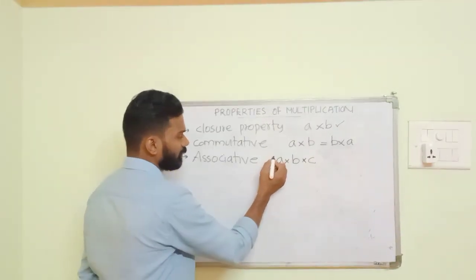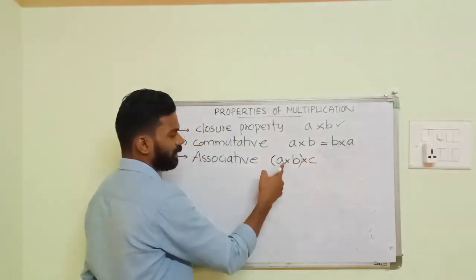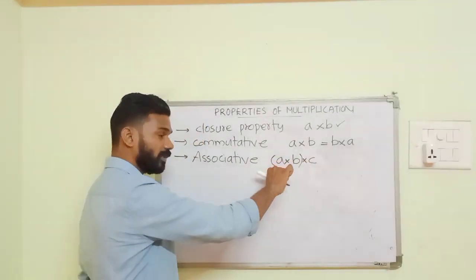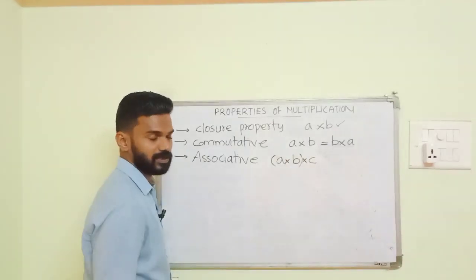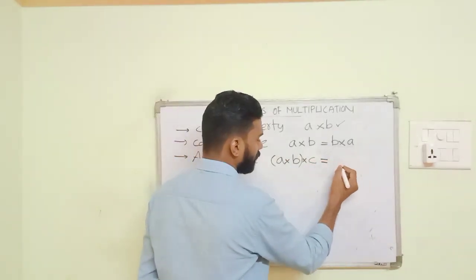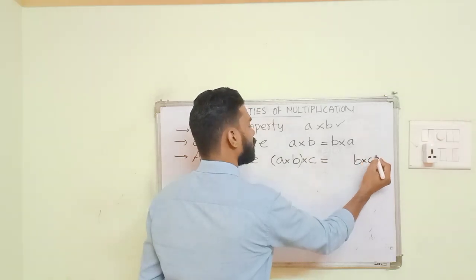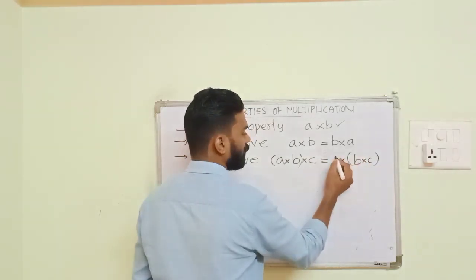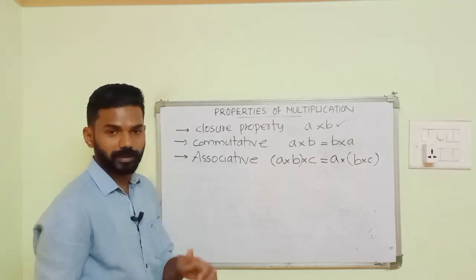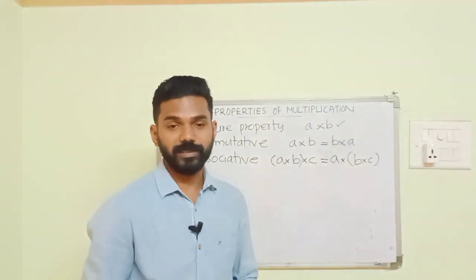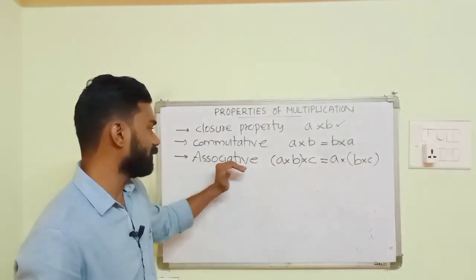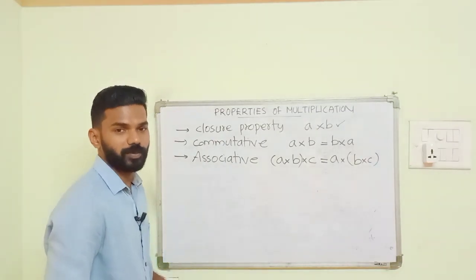First you multiply A and B, then with that answer you multiply C. Or you can multiply B and C first, and with that answer you multiply A. In both cases, the result will be the same.